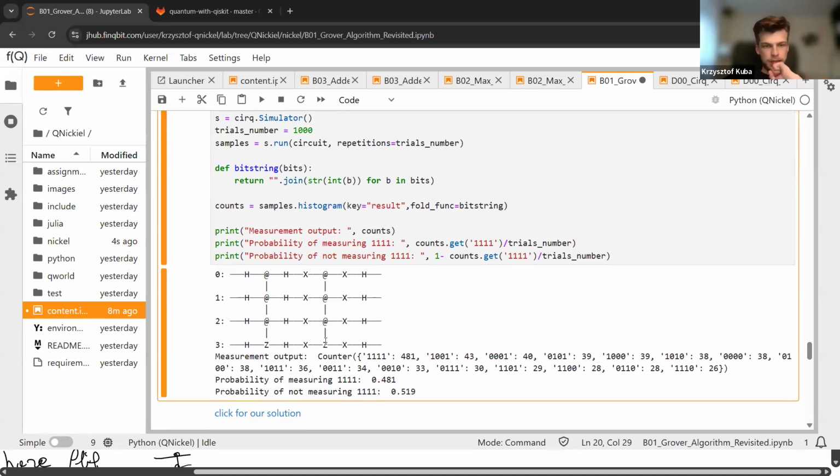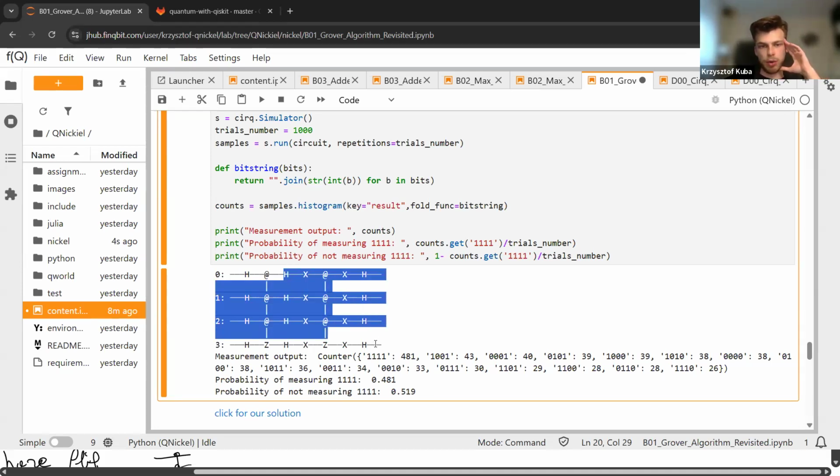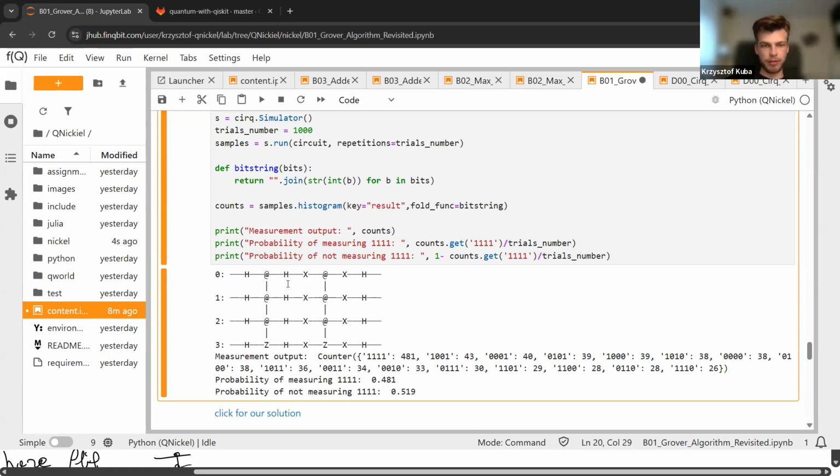So as you can see, we have 4 different steps. The first step is the Hadamard gate, the initialization. Then we have our oracle, and then we have the Grover diffusion operator, which consists of Hadamard gates, X gate, Z gate, and once again X and Hadamard.